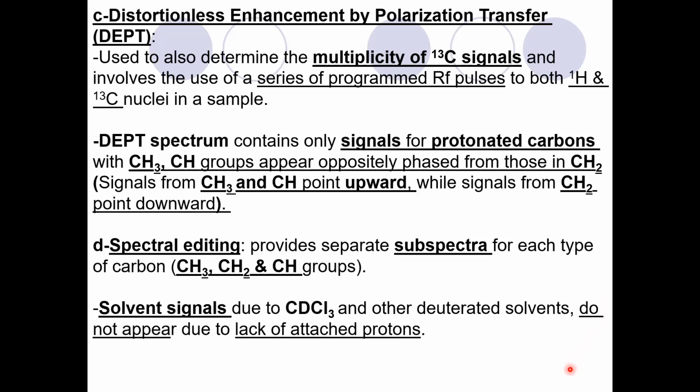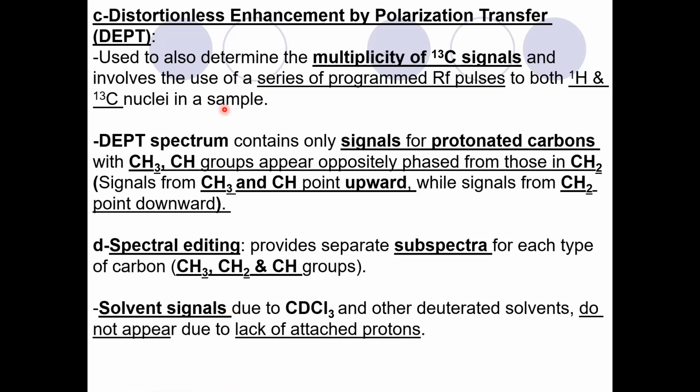This DEPT experiment is a one-dimensional NMR spectroscopy technique which involves the use of a series of programmed radio frequency pulses on both H1 and carbon-13 nuclei in the sample. It allows the detection of protonated carbons only. The quaternary carbons are not observed in this kind of experiment.